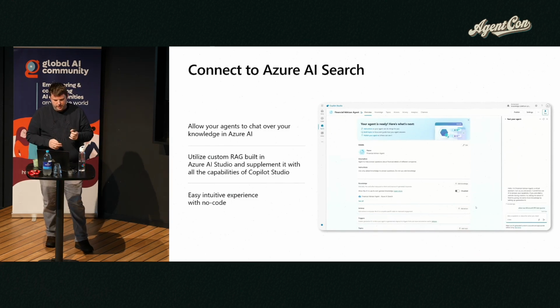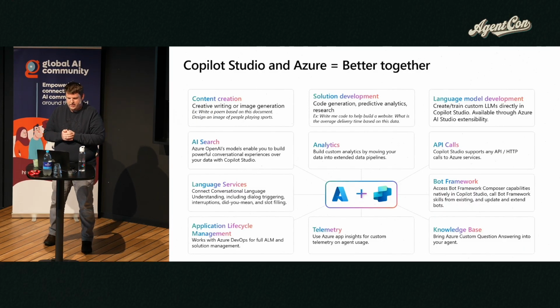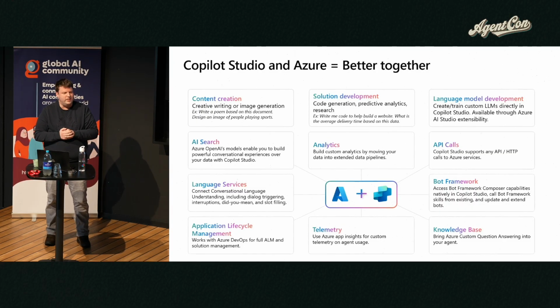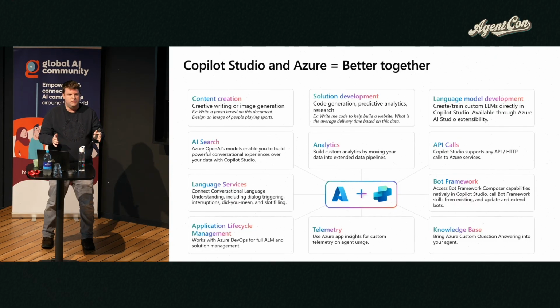And lastly, if you are looking at Copilot Studio, we have a lot of integrations with Azure, and it's really a better together story. So we have a whole lot of different Azure experiences within Copilot Studio. So when you are thinking about creating an agent, don't only think about Azure AI Foundry, think about them both, because they all have their strengths and their weaknesses.